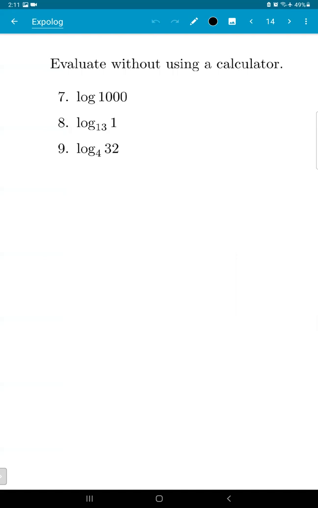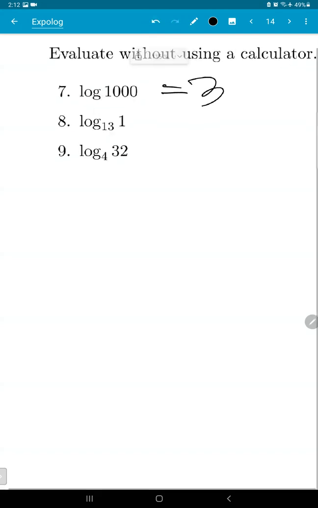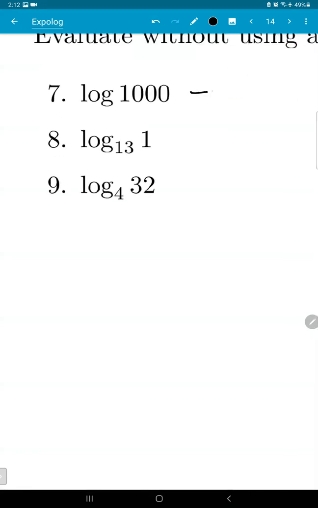Okay, evaluate without using a calculator. Number 7. That's base 10. What should I raise 10 to get 1,000? 3. Number 8.